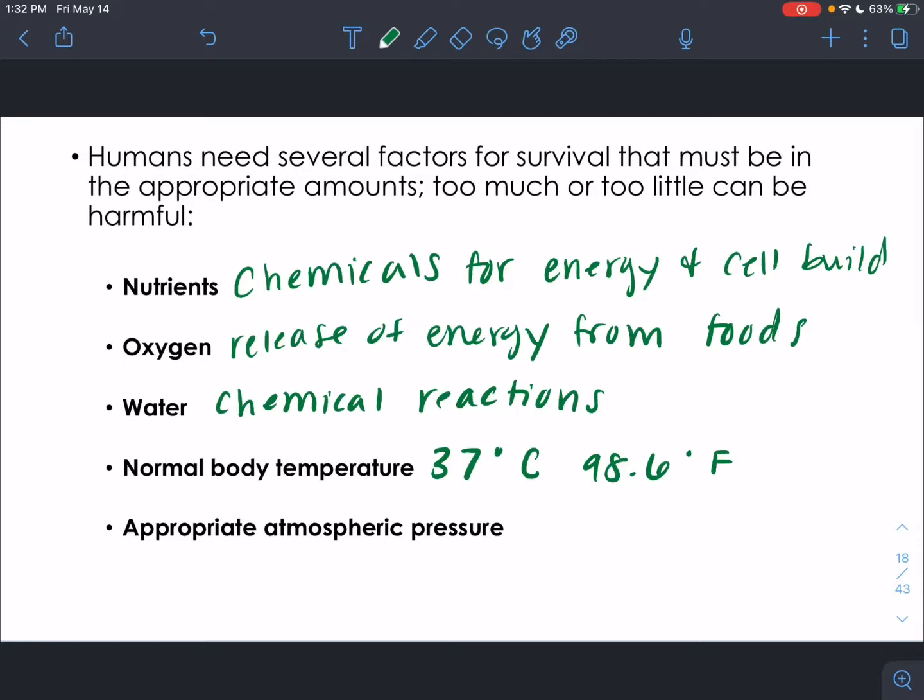And then the last one, which people don't normally think about, is the appropriate atmospheric pressure. This is really important for breathing and gas exchange, right? So in order to get the oxygen into our body and excrete the carbon dioxide, we need to be able to have appropriate atmospheric pressure.